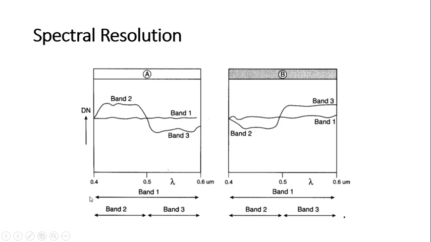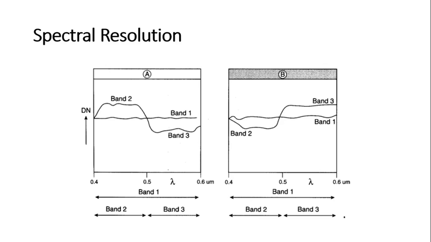Band 1 is from 0.4 to 0.6. Now I divided this band into two different bands, band 2 and band 3. Band 2 is from 0.4 to 0.5, band 3 is from 0.5 to 0.6. Now if I analyze this image, my feature will be in this particular format for band 2 and band 3, and similarly for image B, it is in this particular way. The signature of the image has this difference.